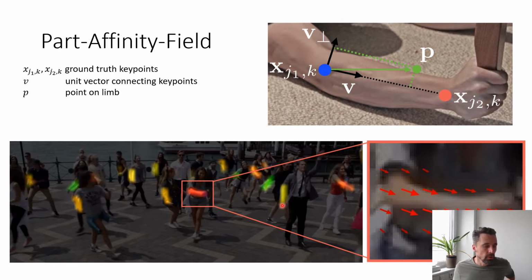Coloring this vector's orientation with different colors from, let's say, red to blue, you see that arms that go down are yellowish and those that point to the left are greenish. So those affinity fields encode the direction of that limb in the image.